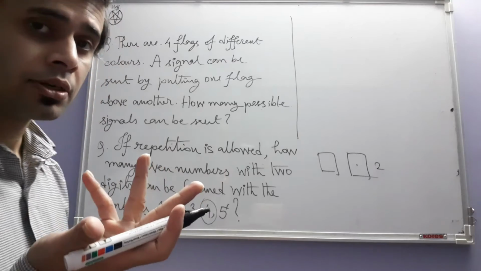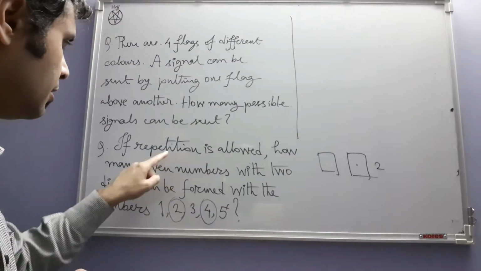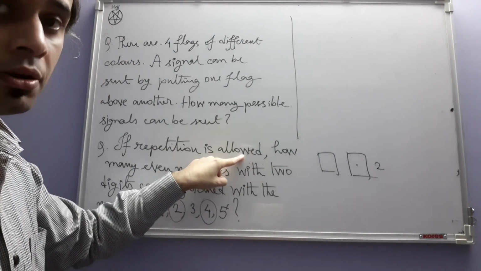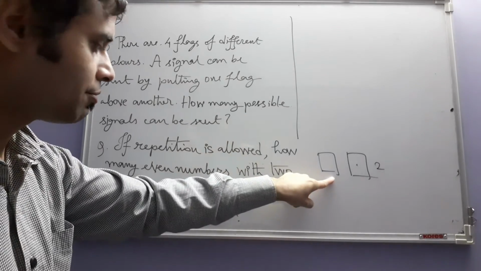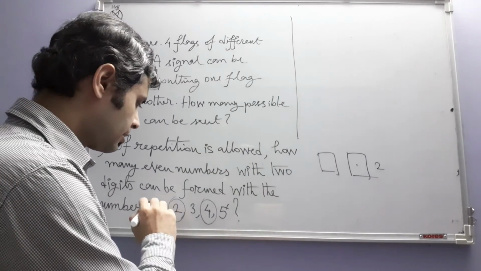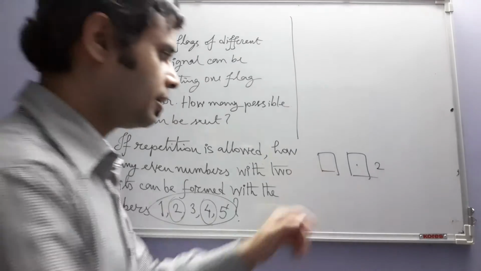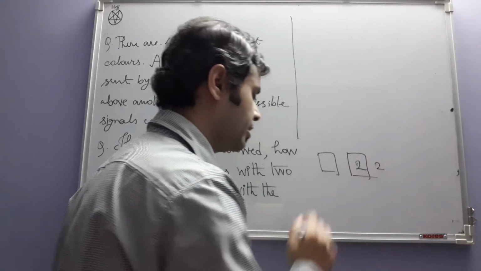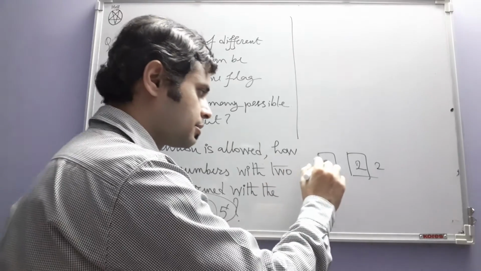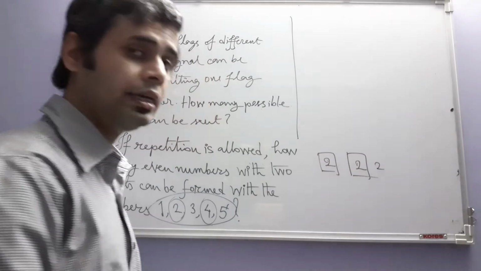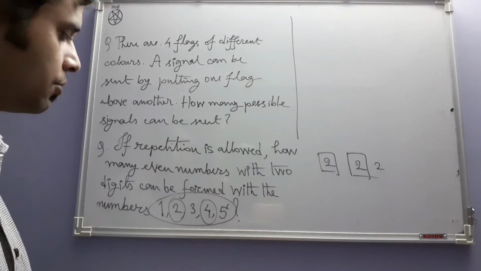And for the first box, you see, repetition is allowed. So for the first box, can I not have all of these? I can have, because if I have 2 here, no one is preventing me from writing 2 again here, because repetition is allowed.